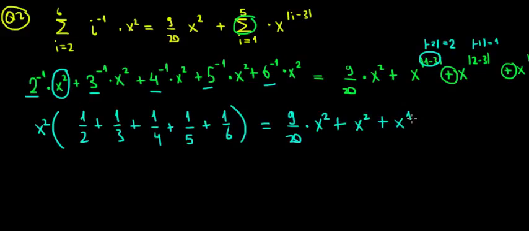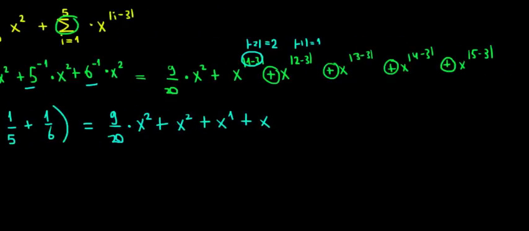So it's x to the power of 1 plus x to the power of what? 3 minus 3 in absolute value is 0, plus 4 minus 3 in absolute value is 1, so x to the power of 1, and again 5 minus 3 in absolute value is 2. So x to the power of 2.